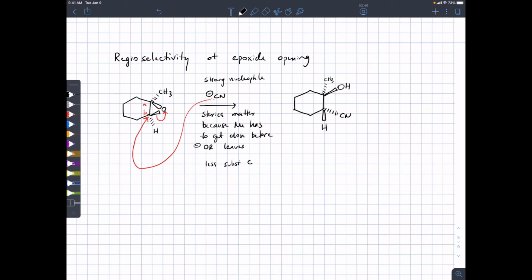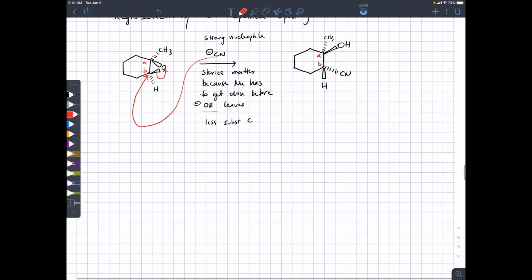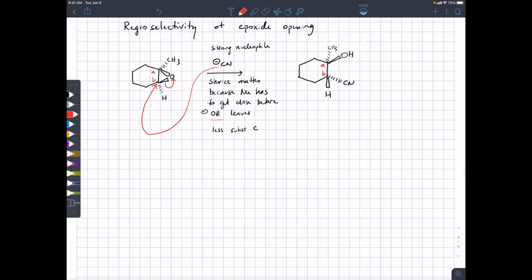All right? Nucleophile attacks the less substituted carbon when OR minus is the leaving group. What we mean then is that good nucleophiles are regioselective for the less substituted epoxide carbon.